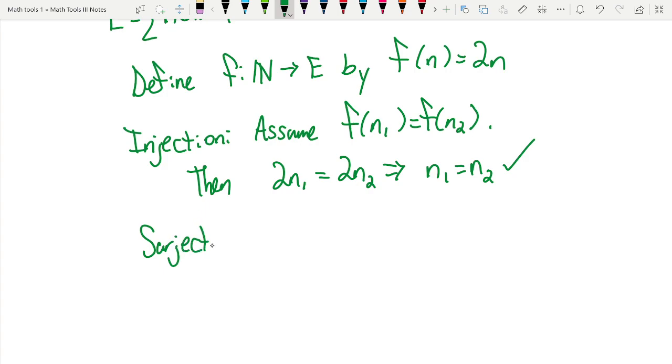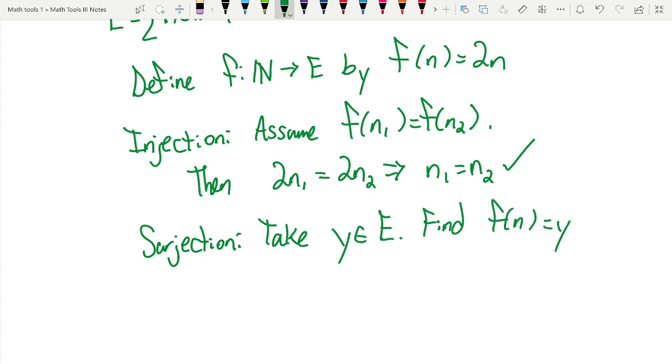Is it a surjection? So we want to take, let's say, y in E. Then we want to find f of n, which is equal to y. So f of n equals 2n equals y. This implies that n is equal to y divided by 2.